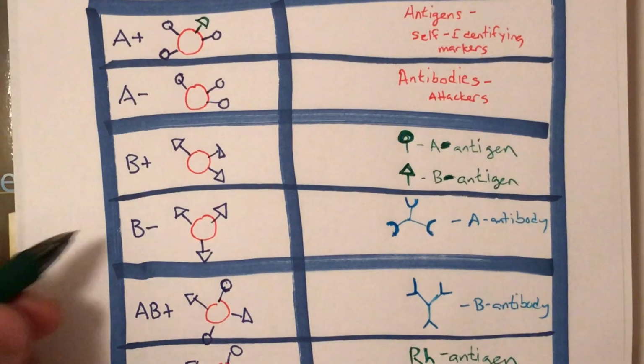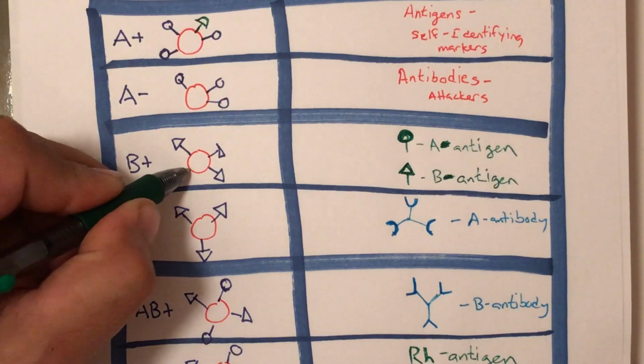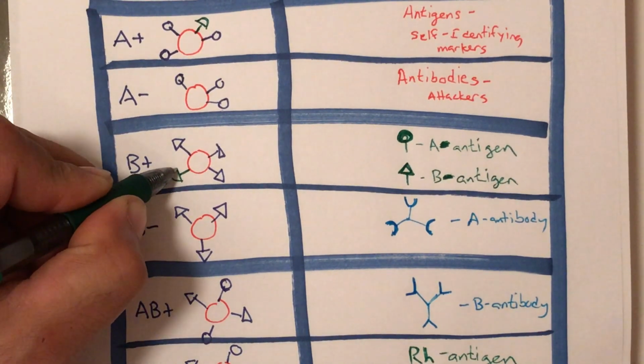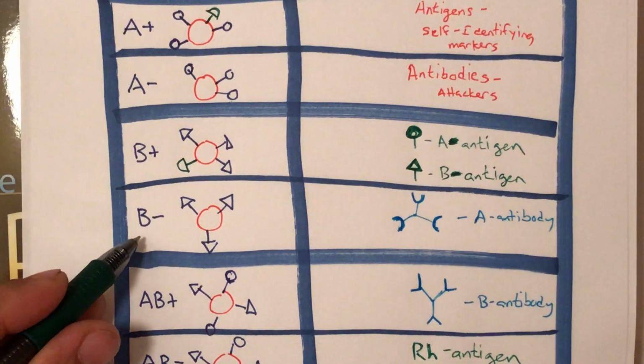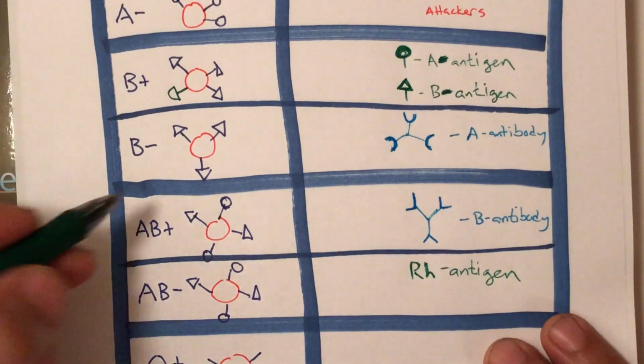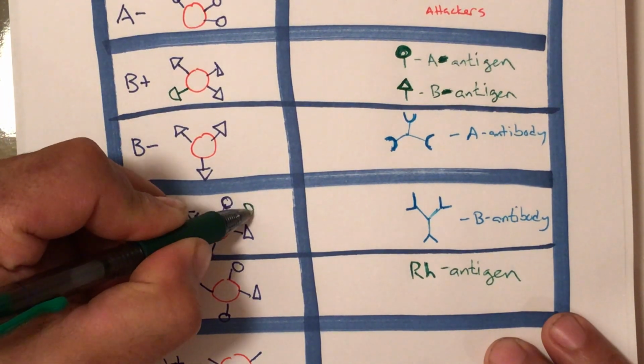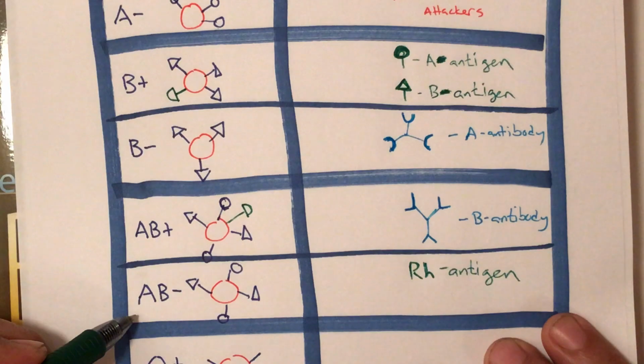And then you just continue all the way down. The B positive has a D antigen. And we leave the B negative alone. The AB positive has a D antigen, and you leave the AB negative alone.